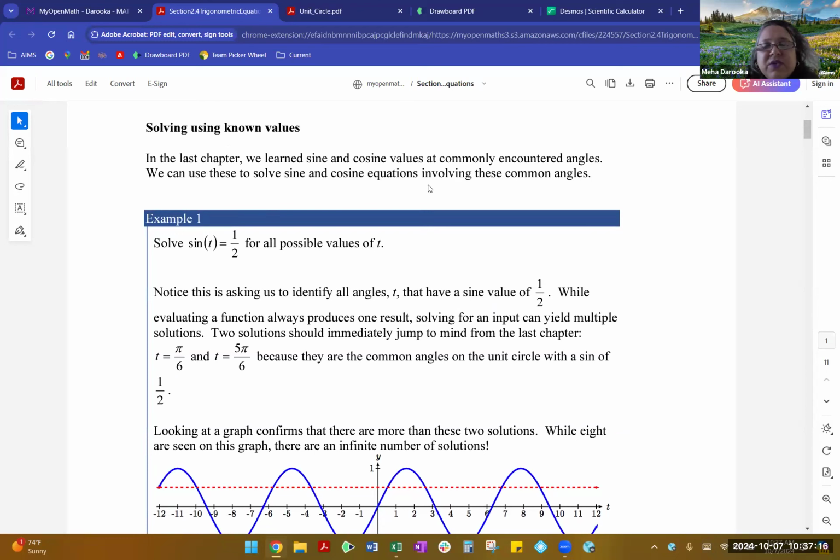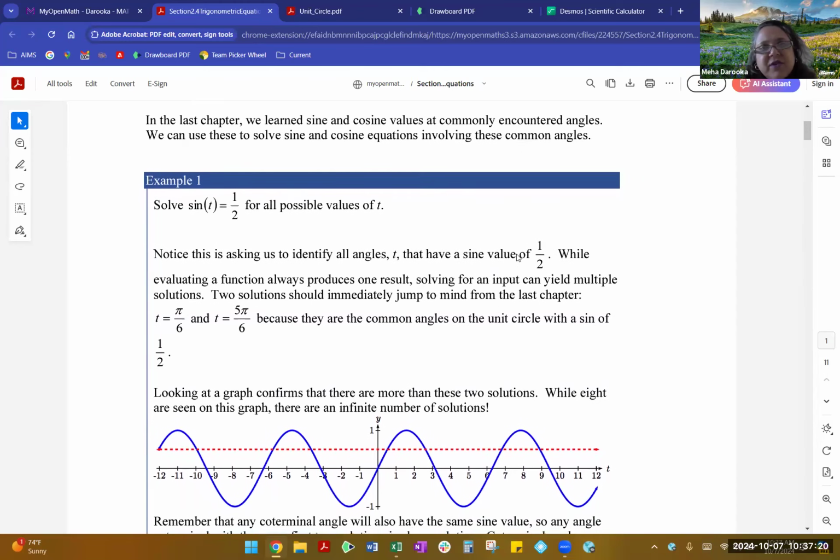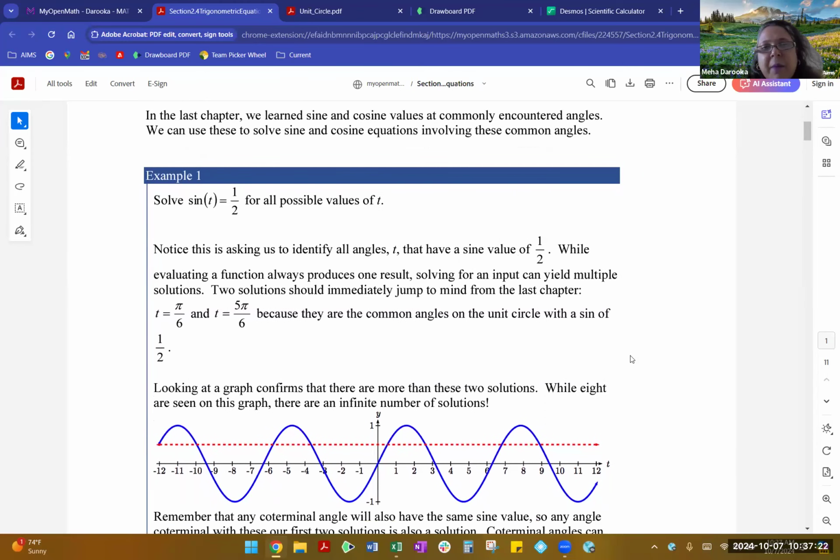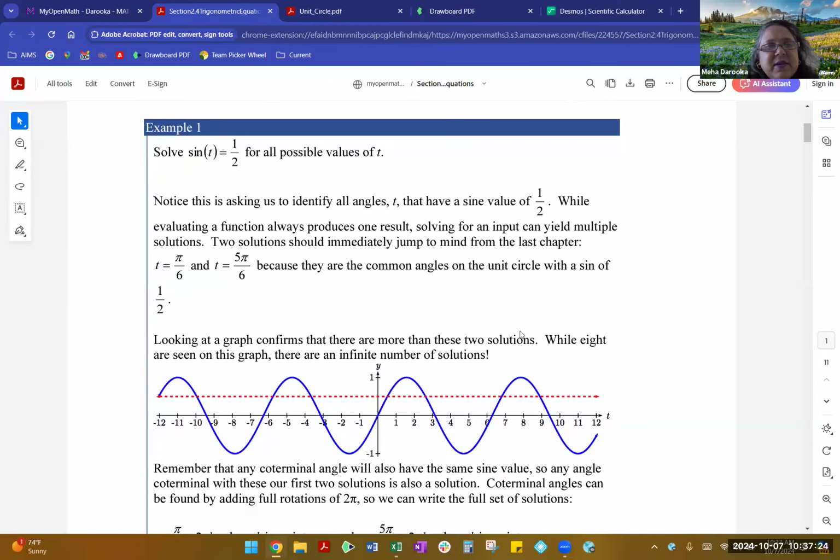We can use these to solve equations that would be involving sine and cosine functions at some of the common angles. So let's take a look at this here. So this one is telling us, again, sine of t is equal to 1/2 for all possible values of t. So this is asking us to identify all the angles t where the value of sine is equal to 1/2, right?